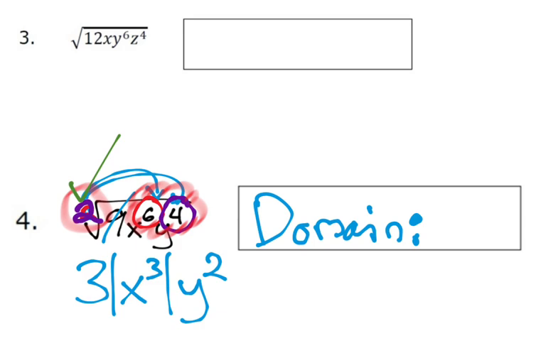So you don't have to worry about anything radical-wise where it has to be greater than or equal to 0. The domain for this will be, in the fancy notation, all real numbers. Anything would work for the domain in this problem. Positive numbers or negative numbers, it doesn't matter. All right, let's go ahead and look at another example.